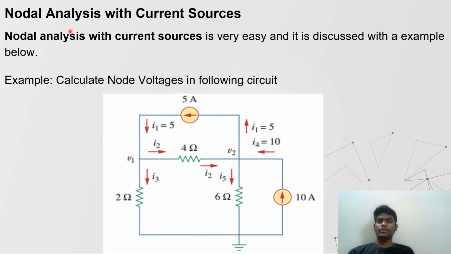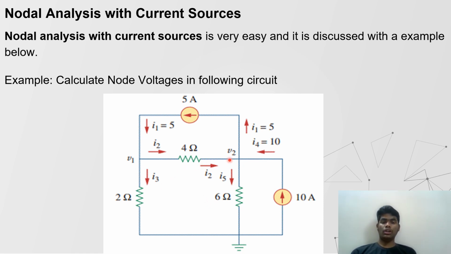Nodal analysis with current sources is very easy and is discussed with an example below. Example: calculate the node voltages in the following circuit. Here we have a 5 ampere current source and another 10 ampere current source, and 2 ohm, 4 ohm and 6 ohm resistors.